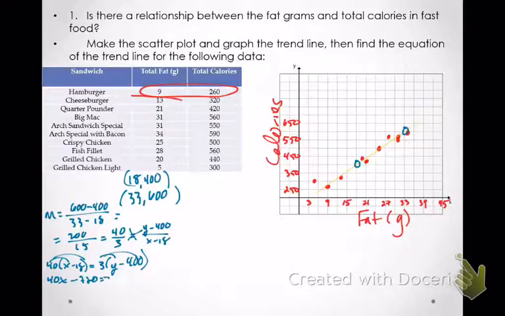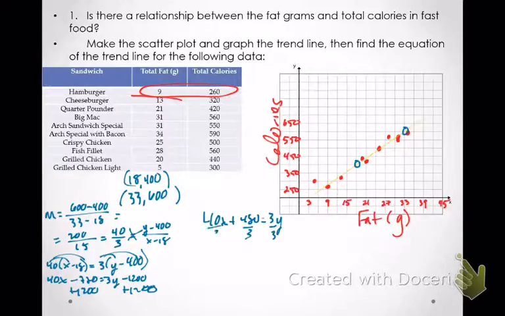Distribute, distribute. 3y minus 1200. And then we're working on getting y by itself. So add the 1200. And we would get 40x plus 480 equals 3y, and then divide everything by 3.